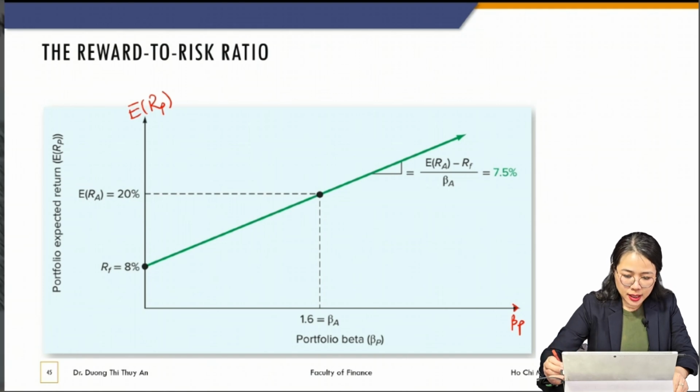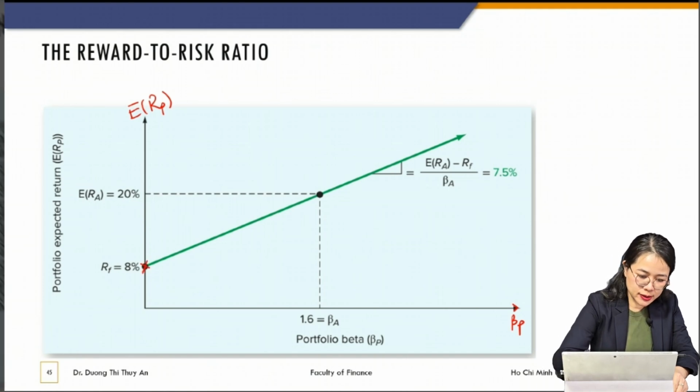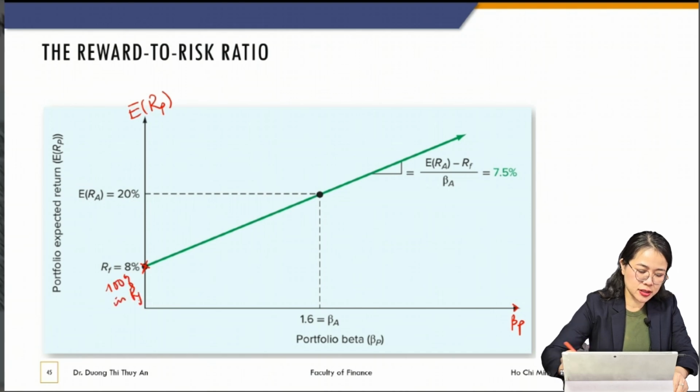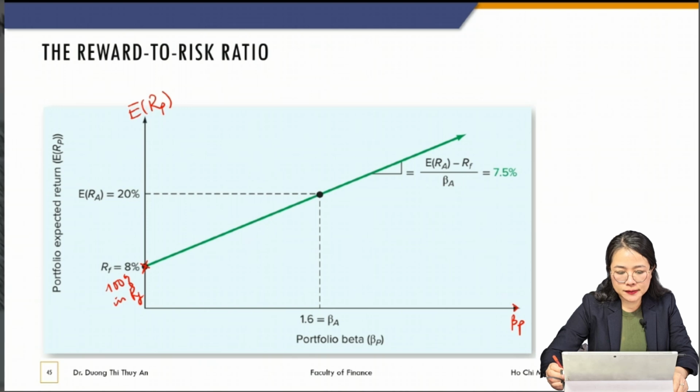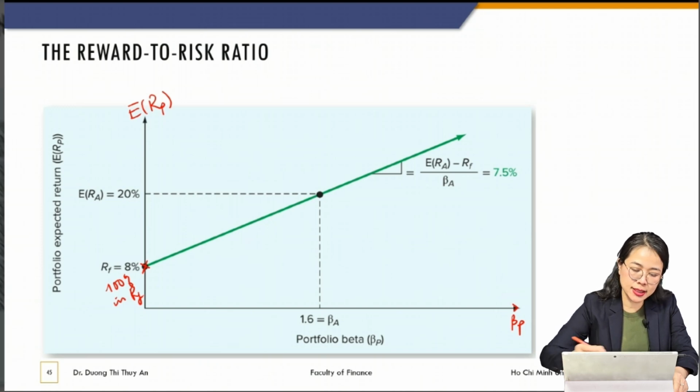At this point, you invest 100% in the risk-free asset, so the expected return of the portfolio only comes from the risk-free asset. It's 8%. And of course, at that point, the risk of the portfolio is 0.